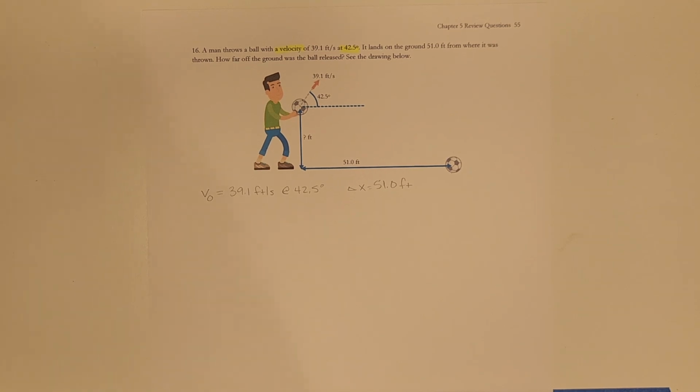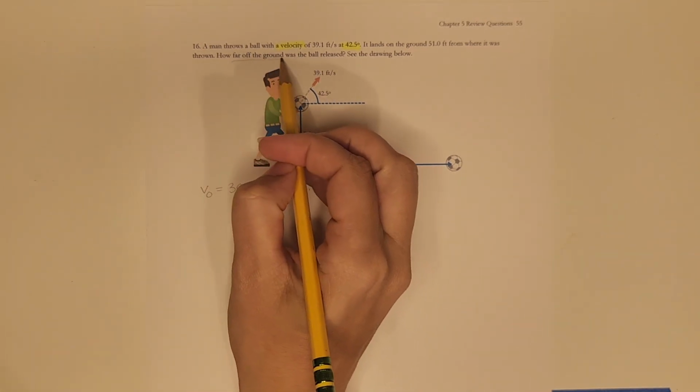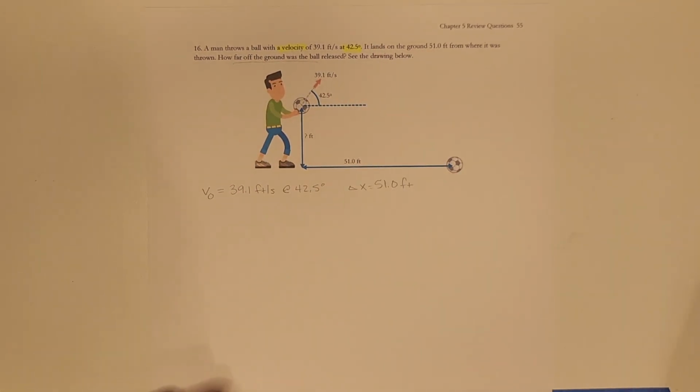As Dr. Wile says in the book, we are generally going to start with the opposite component of what the question is asking for, in order to get ultimately to what the question is asking for. So how far off the ground? This is a y component question.